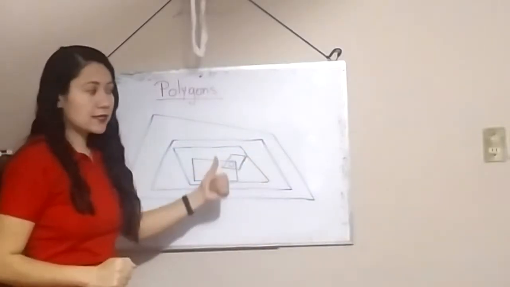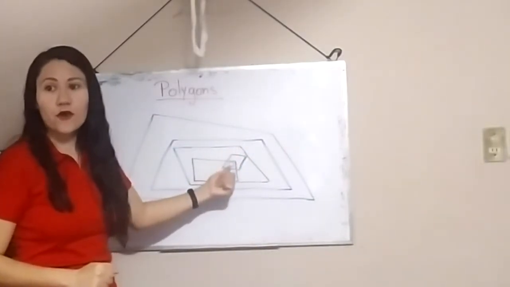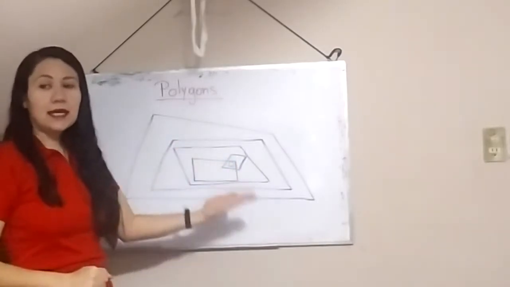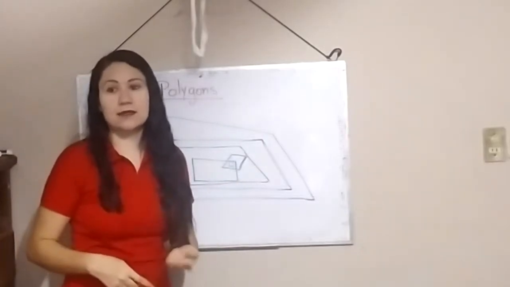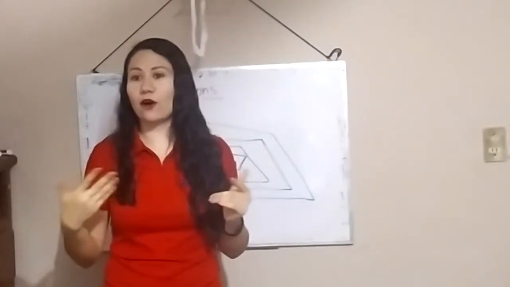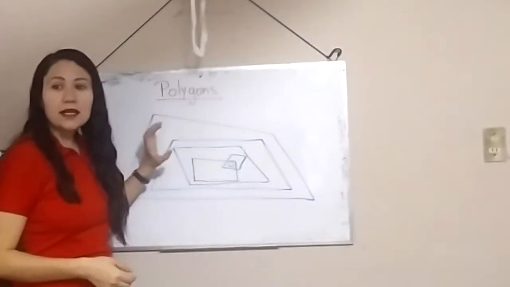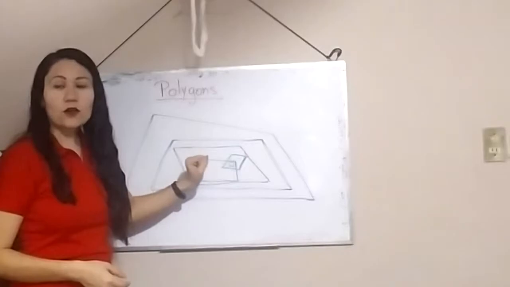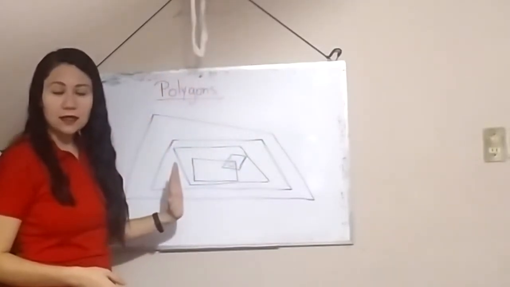Also, it has the characteristic of the rectangle because it has four right angles, and it also has the characteristic of the rhombus because it has four equal sides. Okay, so those are the subdivisions of quadrilaterals. Remember, the ones that are inside also have the general characteristics from the ones outside.